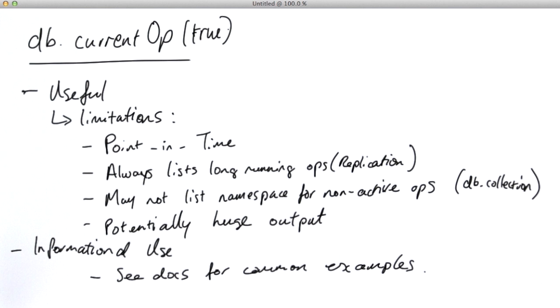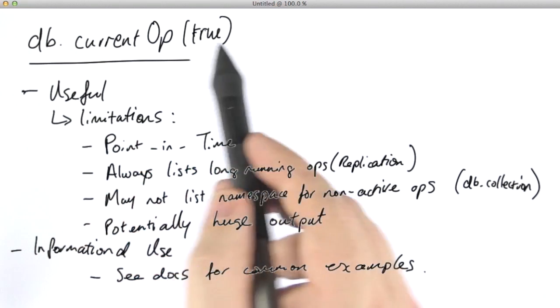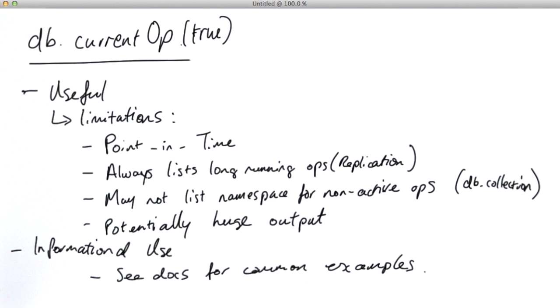Idle connections and system operations are normally excluded from the output. That goes back to the potentially huge output: you're making it even bigger. Imagine how large the output might look on a system with 10,000 connections in the connection pool if you pass in the true argument to currentOp. So for informational use and parsing through some of those fields, we've got a few examples in the documentation.